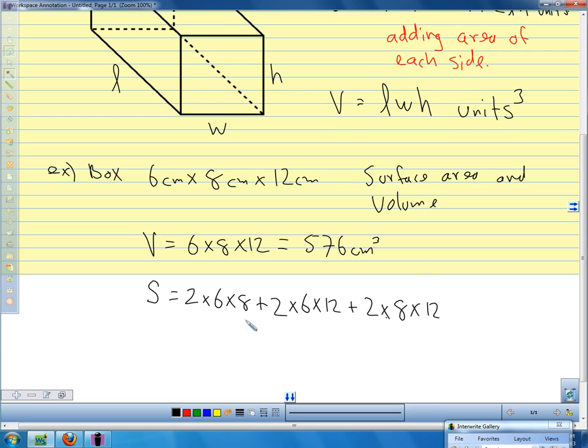And I get 96 plus 144 plus 192. When I add that all together, I get 432 centimeters squared. So my volume is 576 centimeters cubed, my surface area 432 centimeters squared. Just plugging in and calculating.